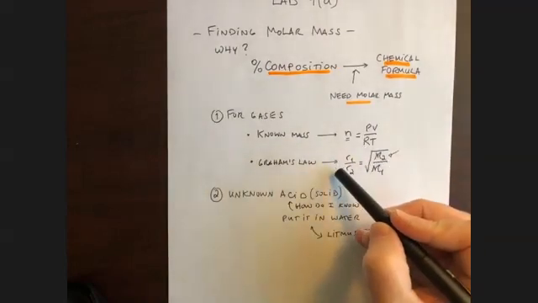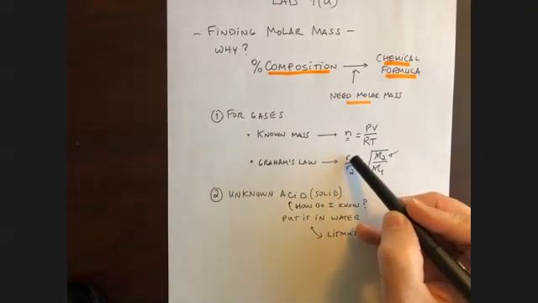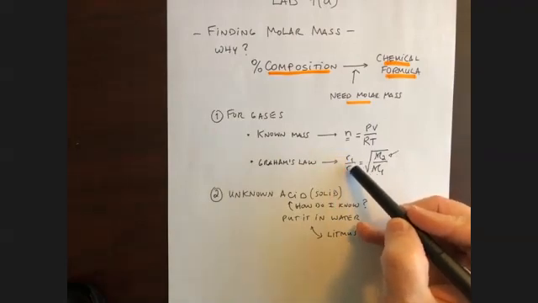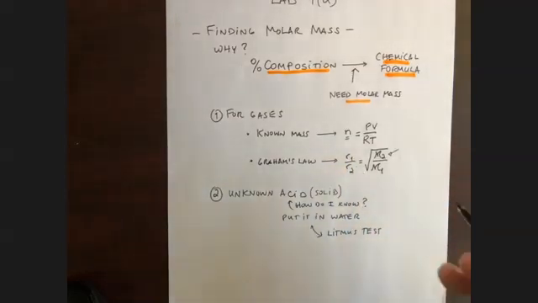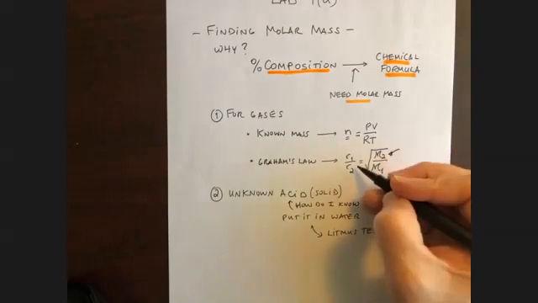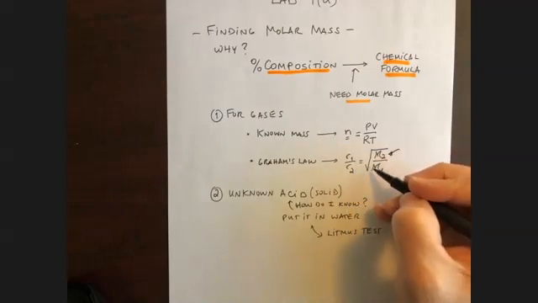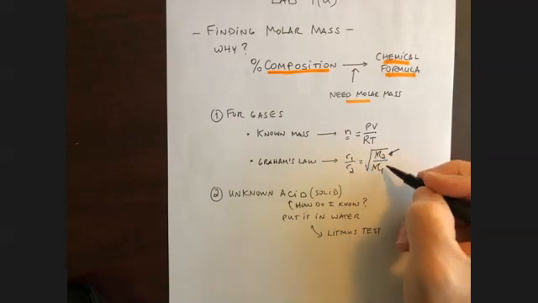In Graham's law, we compare the rates of effusion of two gases, one known, let's say 1, and one unknown, 2. And Graham's law says that if we want to find out the molar mass of our unknown, the rates of effusion are inversely proportional to the square root of the ratios of their molar masses. So we can use Graham's law to find our unknown.